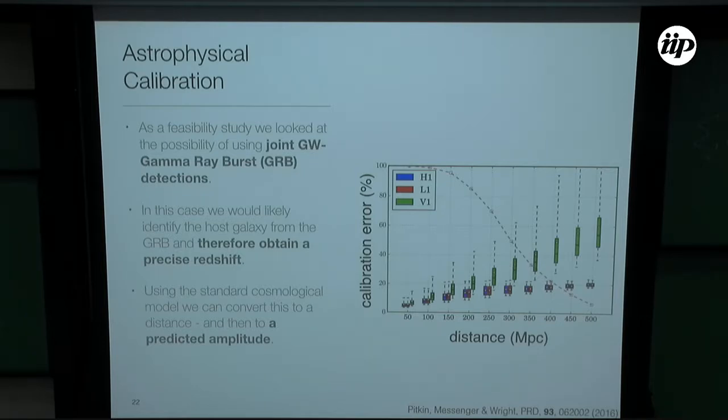Again, it's a bit pie in the sky. It's similar to the GRB case, because what we did assume is that we see a handful. Did we say a handful? No, we see one. We said we see one joint gamma ray burst detection with a binary neutron star merger, and we get the distance from the gravitational wave, and we get the redshift accurately from the gamma ray burst.